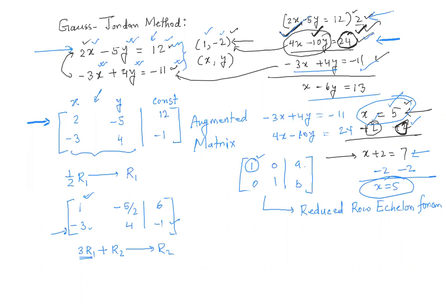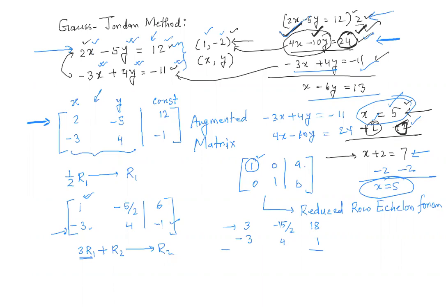So the first row times 3 is going to give me 3, -15/2, and 18. Take this result and add it to the second row. The second row is -3, 4, and -1.